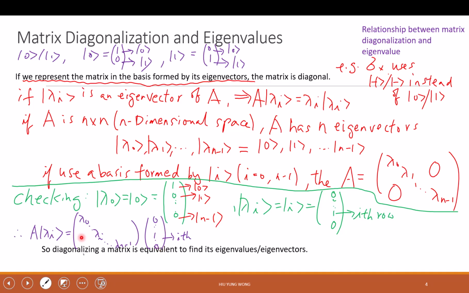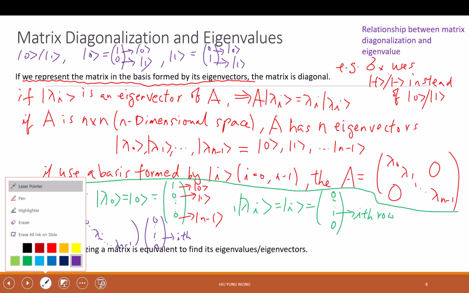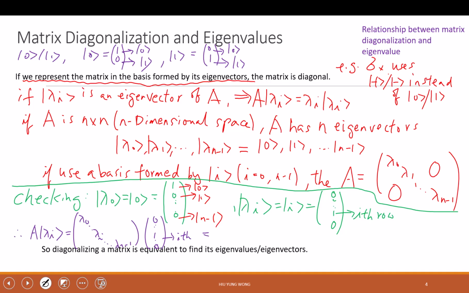Until I reach the ith element, what do I get? All 0 here, but lambda I will be times 1. And then the rest is 0 times 0. So the whole thing will give me 0, lambda I, 0. Again, this is the ith.